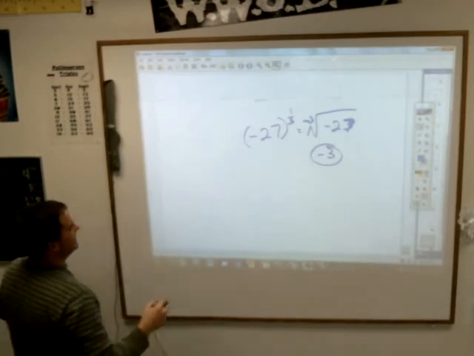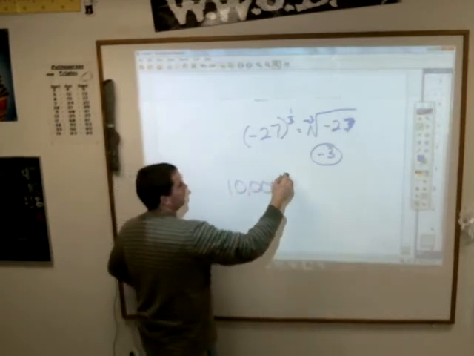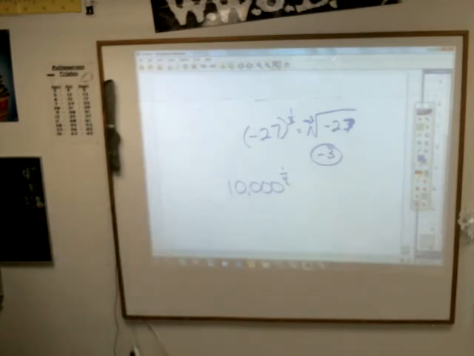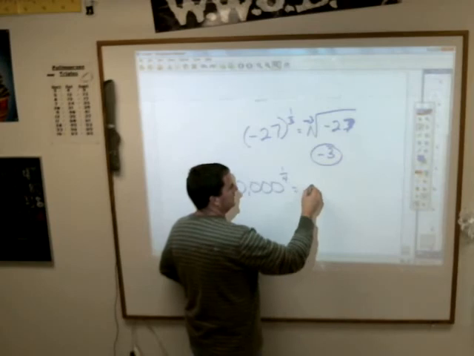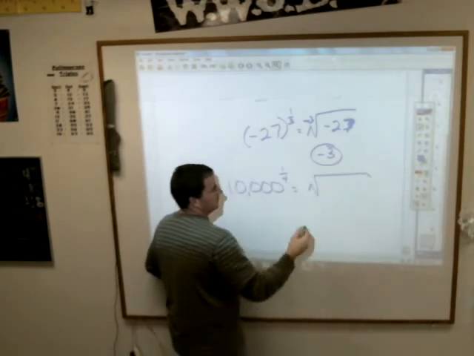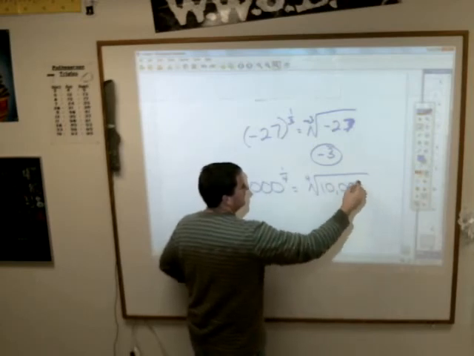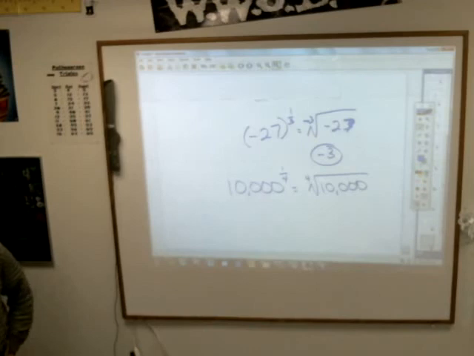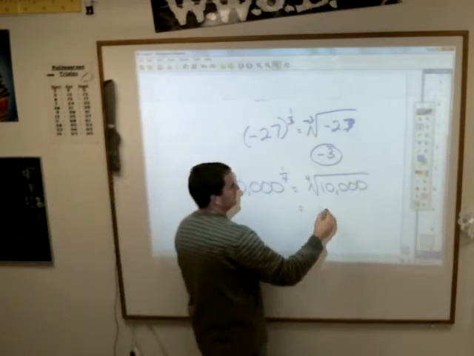Oh, here's a good one. 10,000 to the 1/4 power would be the 4th root of 10,000. Anybody know what number times itself 4 times will give you 10,000? The answer to that would be 10.